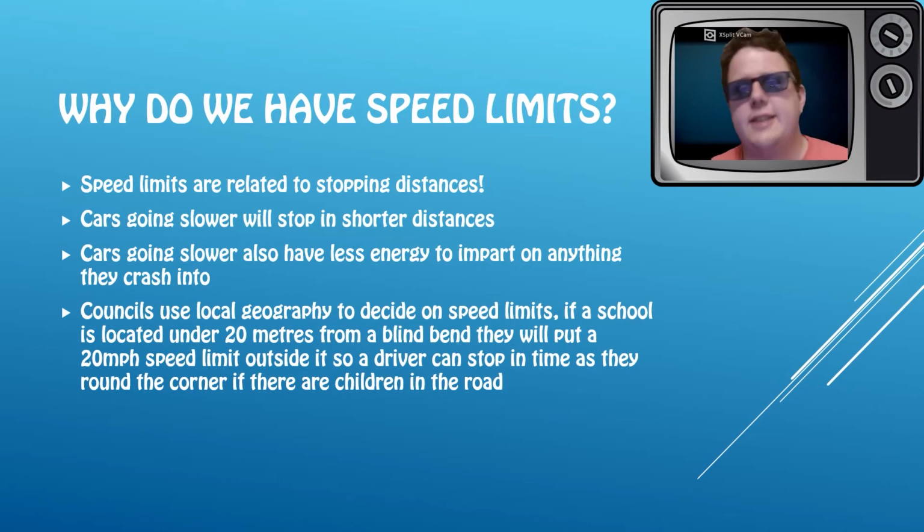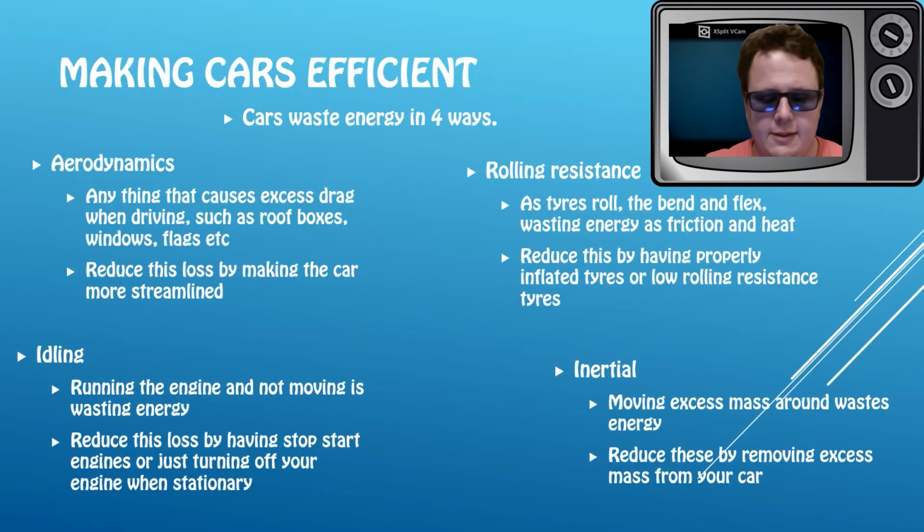Again, I've seen a question on that. So we have speed limits because of these braking distances, so that cars hopefully can stop. If they're doing below the speed limit, they can stop in a short enough distance to not hit anything.